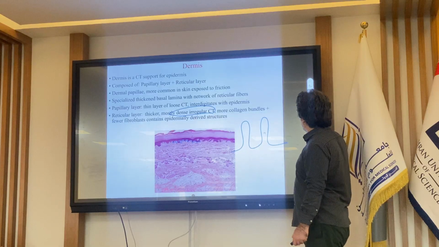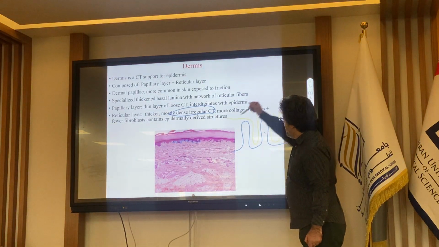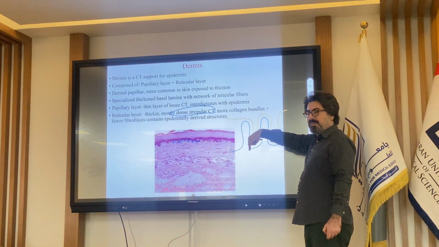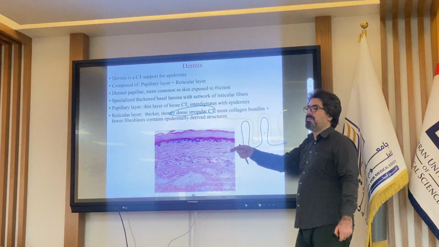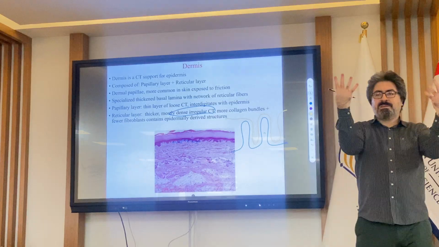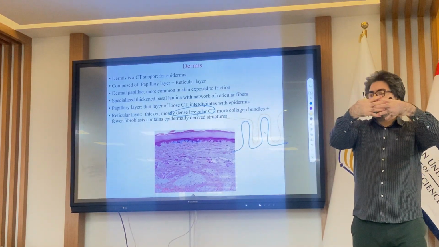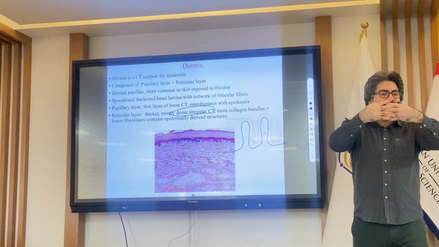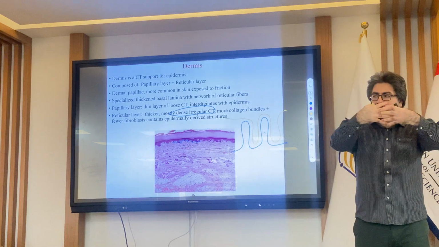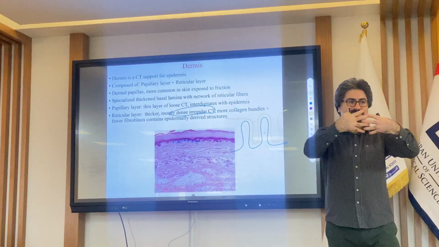And also there are some projections from epidermis into dermis. This is known as epidermal ridge. Interdigitation of epidermal ridge and dermal papilla, for better attachment of epidermis to dermis. Interdigitate.